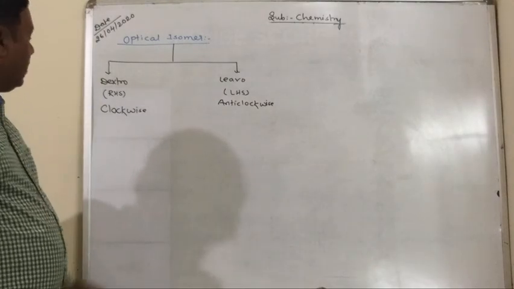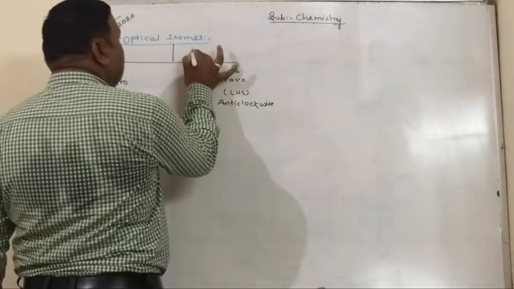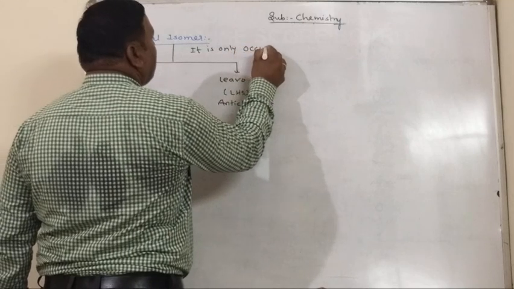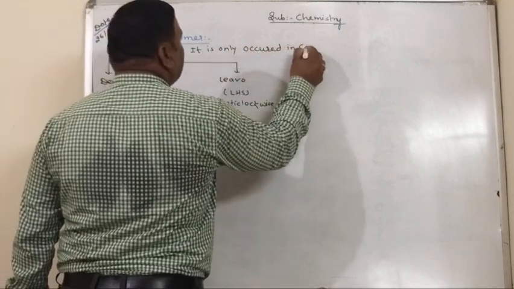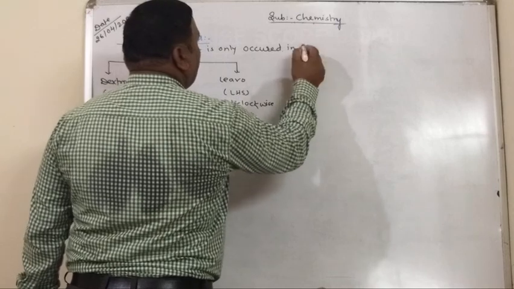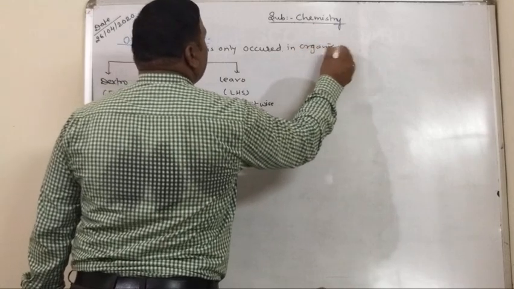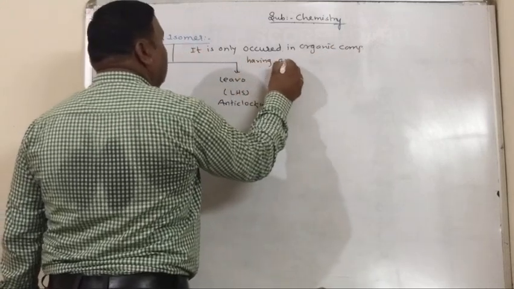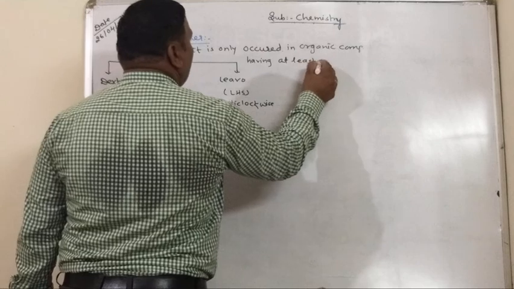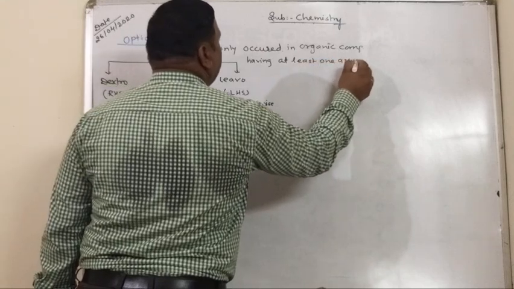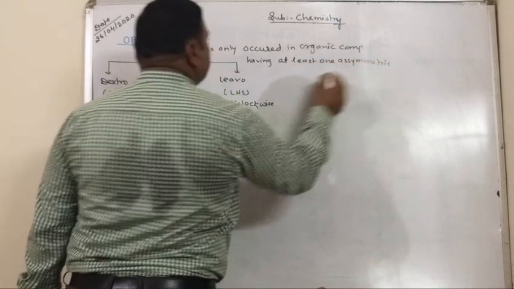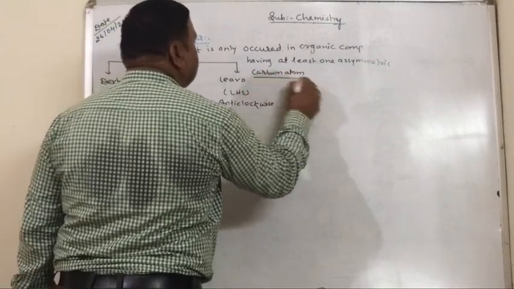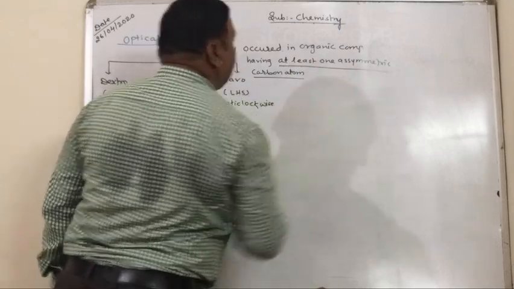The main condition is optical isomerism only occurs in organic compounds having at least one asymmetric carbon atom. One asymmetric carbon atom. Minimum the condition is there, one asymmetric carbon atom.